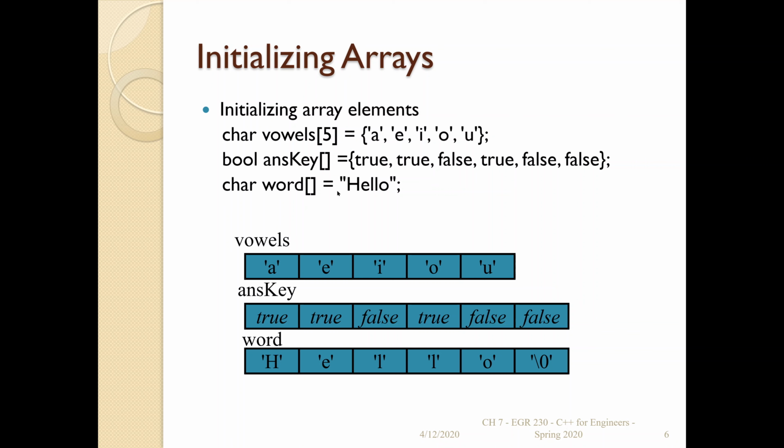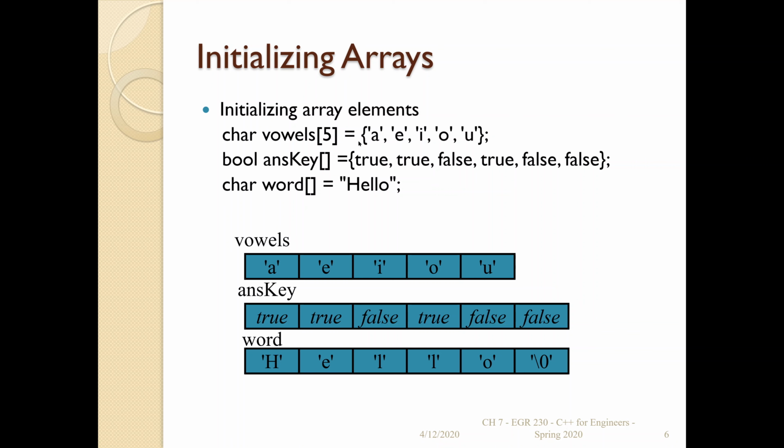Okay. So this is how it identifies it as a string. This is a little bit different than what was done here, where you identify each one as an individual character and write them out. Then there's no null at the end. Only when you use the double quotes, you'll see that null. And that gets to be important when we start to use certain functions with strings, so that it knows when you get to the end.